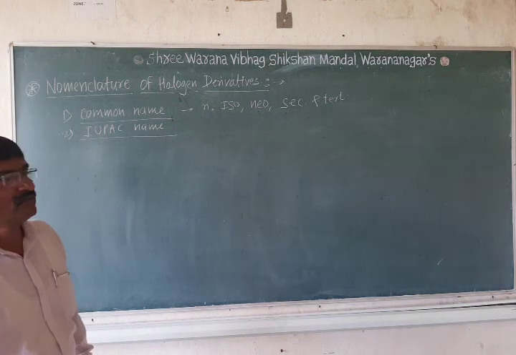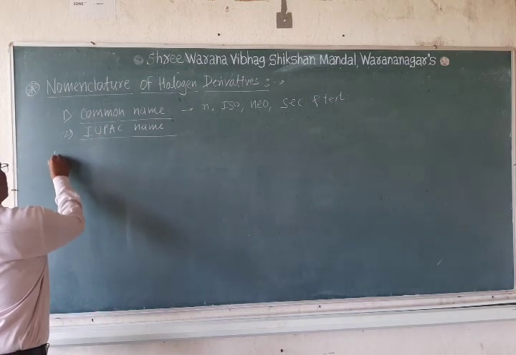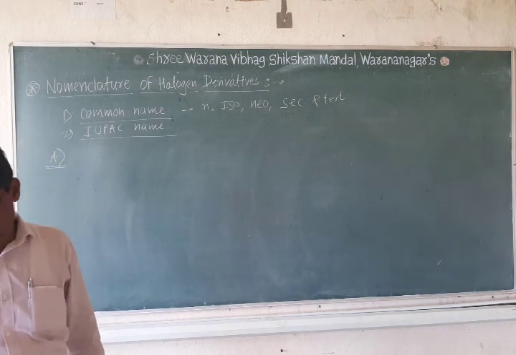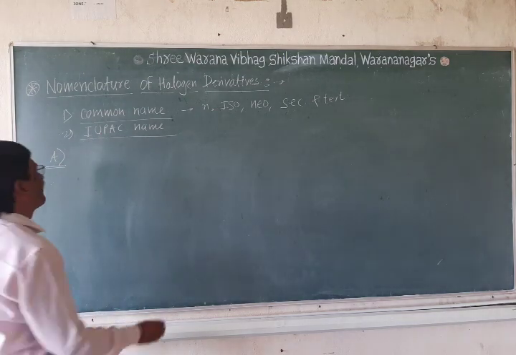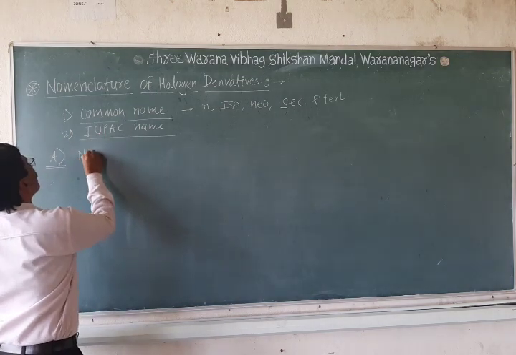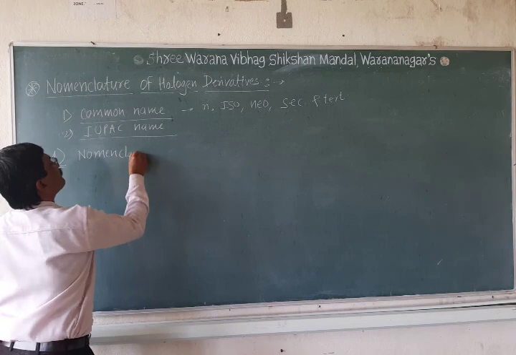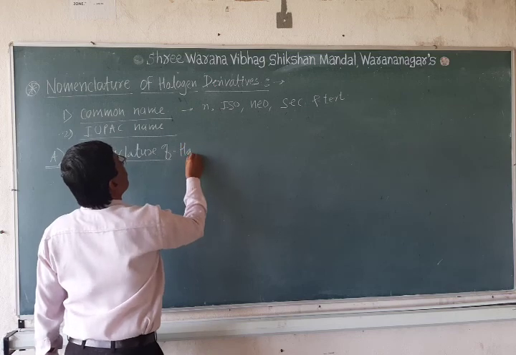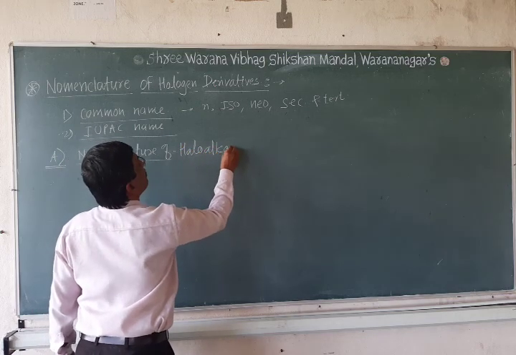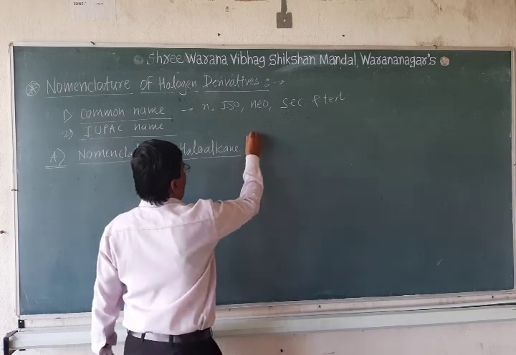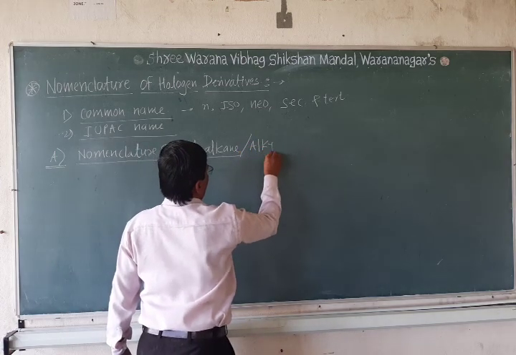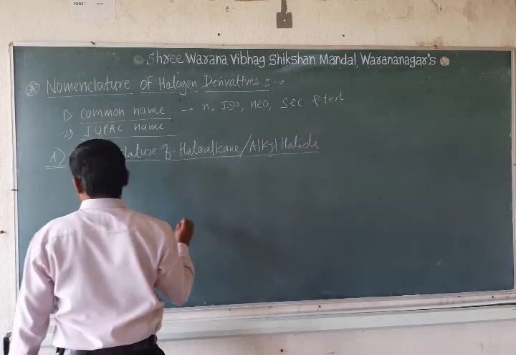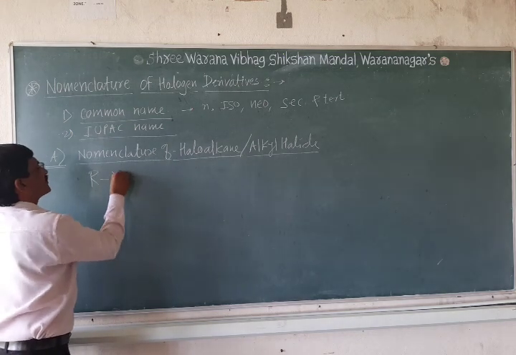First of all, see the first point, that is point A, the nomenclature of haloalkane, or it is also called alkyl halide, which is denoted by RX.